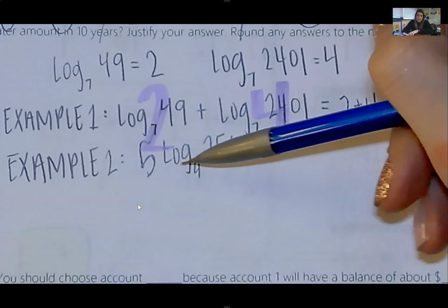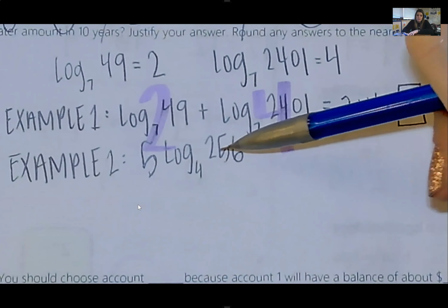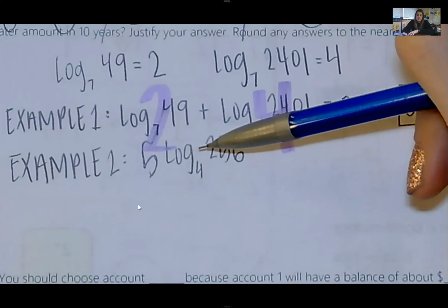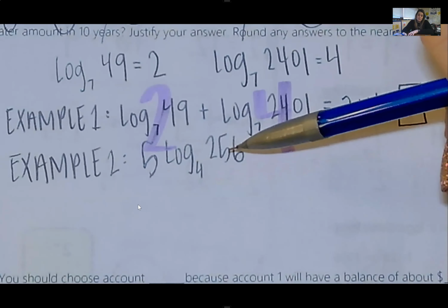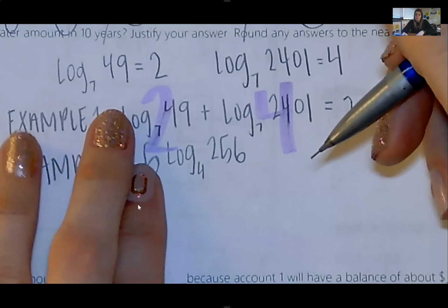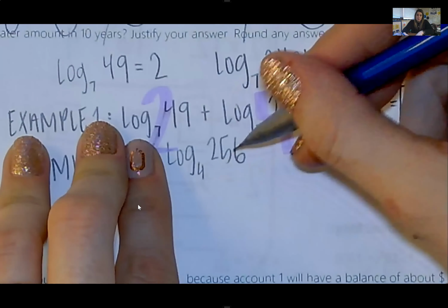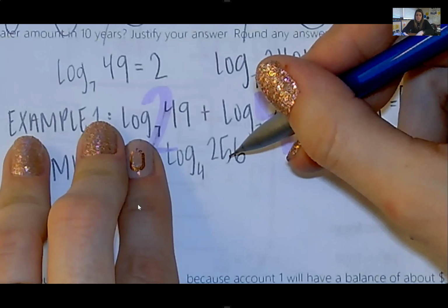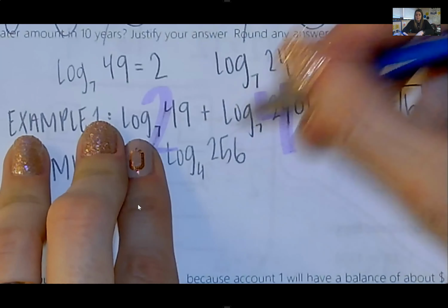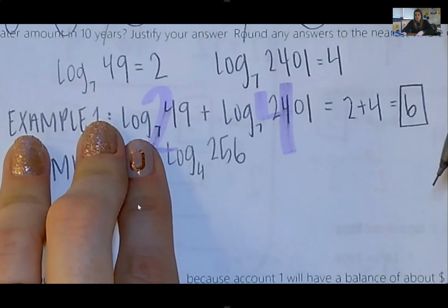When we just have 5 log base 4 of 256, this means 5 times log base 4 of 256. So step number 1, figure out what log base 4 of 256 is. How many times do you need to multiply 4 together? If you need a second, hit pause and then unpause it when you have it.